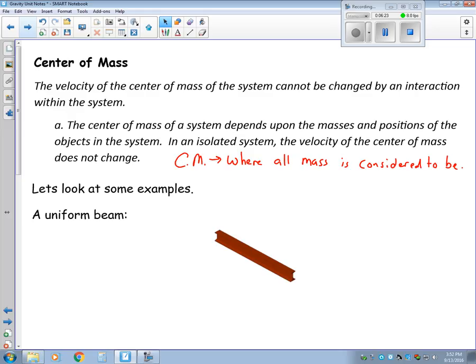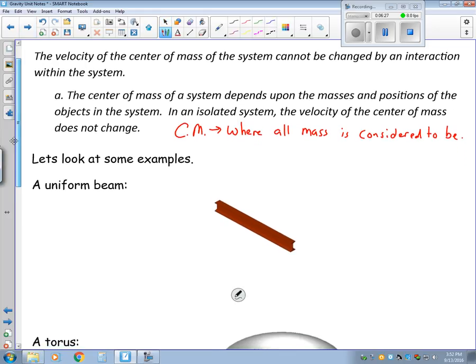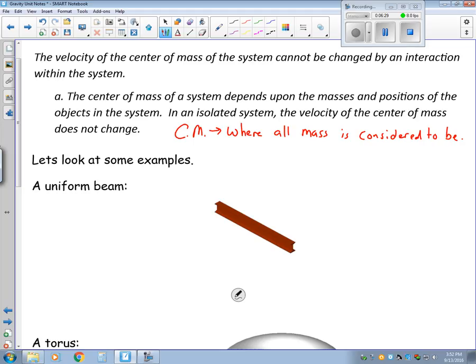So let's do a quick little calculation here. Let's say I have two objects, like a sun and a planet. What I would do is pick some sort of reference. So I'm going to choose this right here. And I would say this distance from here to the sun is x1.